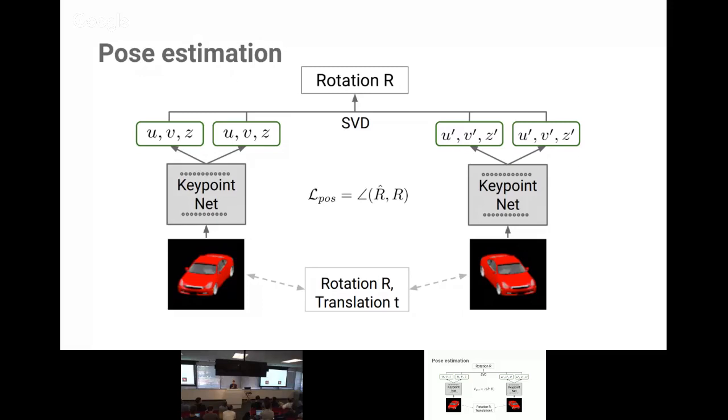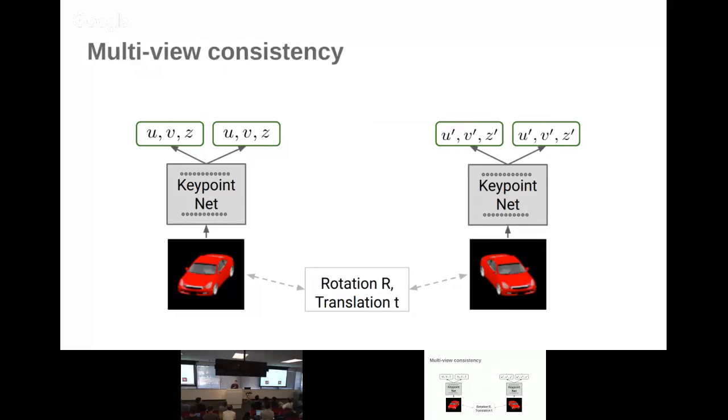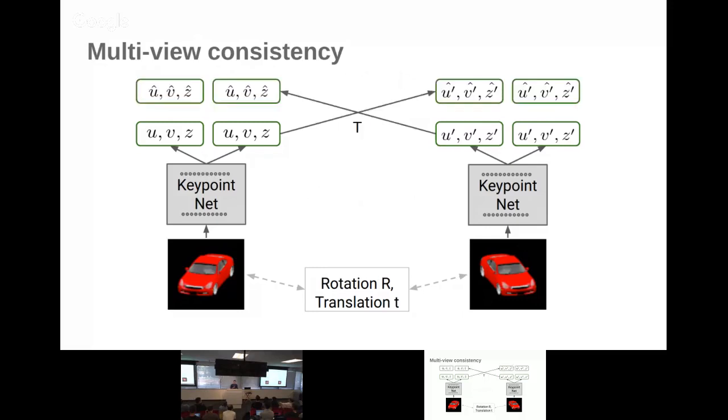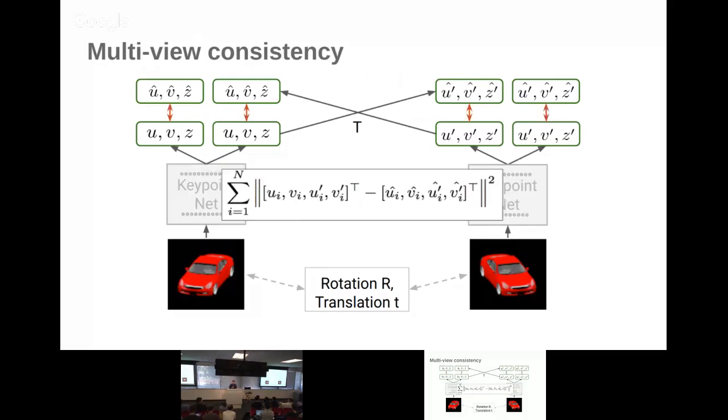Another useful loss function in our setup is a so-called multi-view consistency loss that has a very simple intuition, which is, having the relative rotation and translation, we can project the key points detected in one viewpoint to the other, and then we can enforce some multi-view consistency across different views.